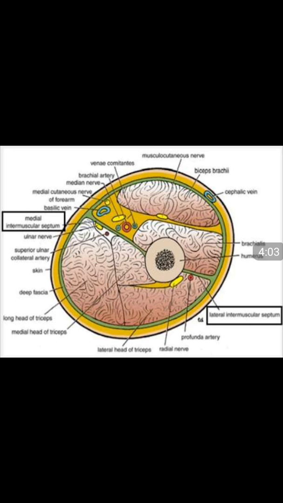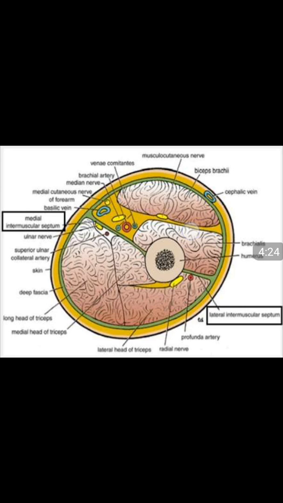They are all flexing different joints, and they are all supplied by the same nerve, the musculocutaneous nerve. So in one compartment, those muscles come which share their action and their nerve supply.